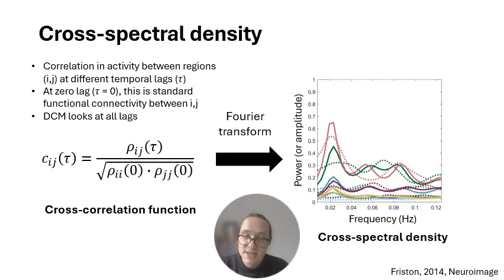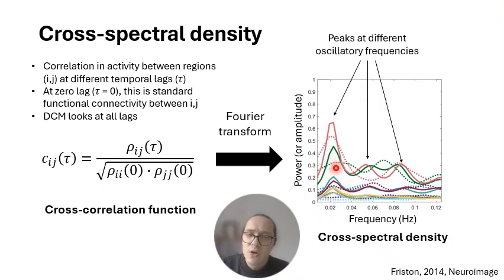And this is the thing, as I've said, that we're actually going to try and simulate when we're doing our resting state spectral DCM. What this is showing is, for each of the different brain regions represented by the different lines, the different oscillatory frequencies which these brain regions are oscillating at. And then for each frequency, you have a power associated with that.